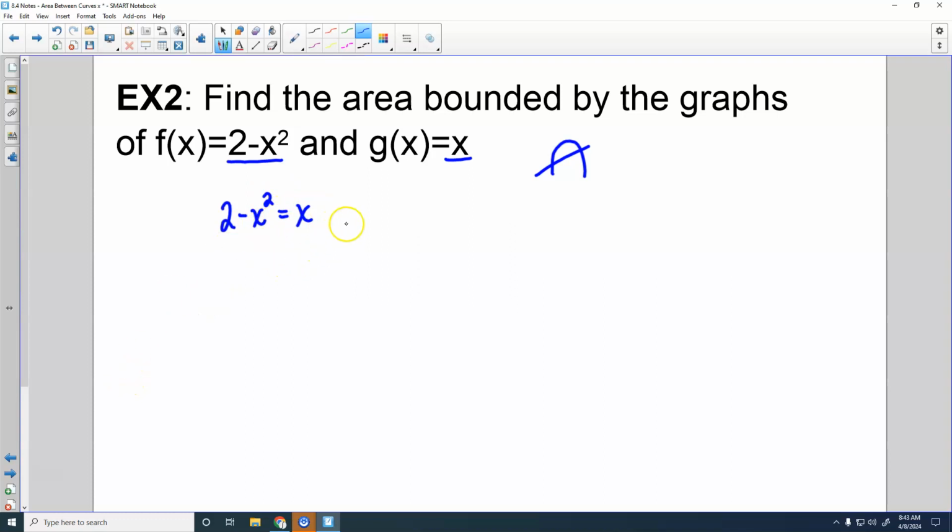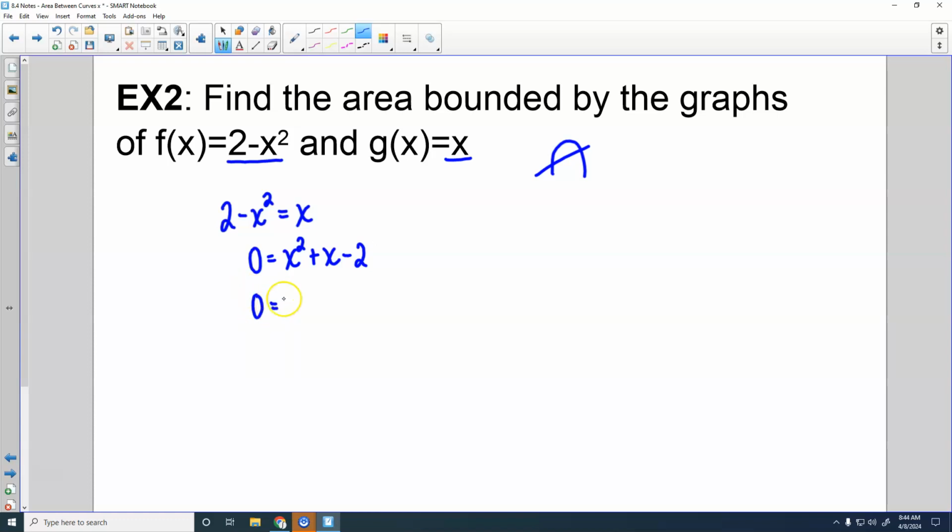I would move everything to the right side. This is going to be a quadratic. So it will be x squared plus x minus 2 if we move everything over there to that right side. And I just chose the right, so I didn't have a negative x squared. That makes it hard to factor.